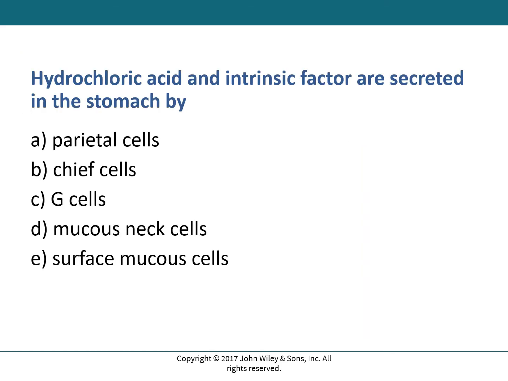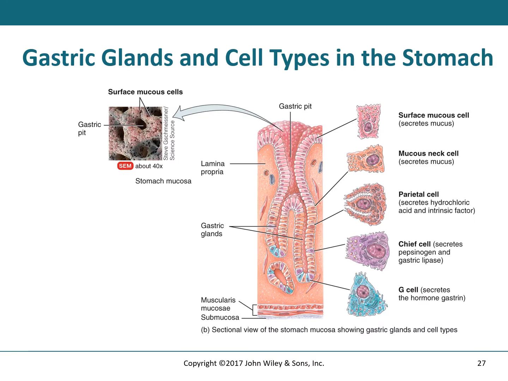So I'm going to ask you a question. Hydrochloric acid and intrinsic factor are secreted by which cell type in the stomach? The answer is parietal cells. All right, so you have multiple different cell types in the stomach. And these cell types are going to exist within what's called these gastric pits.